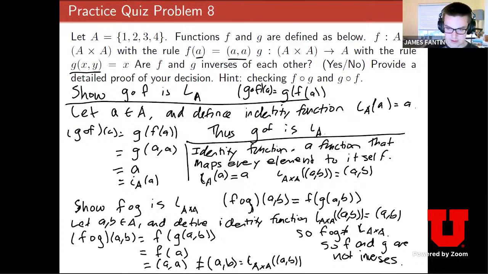If not, we'll go on to some extra problems. So I don't see anyone who has any practice quiz problems, so we can just go through some extra problems then.